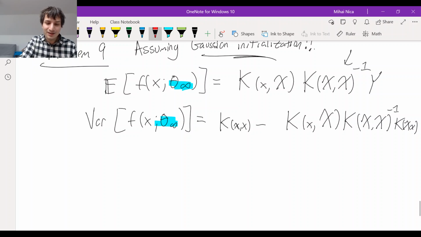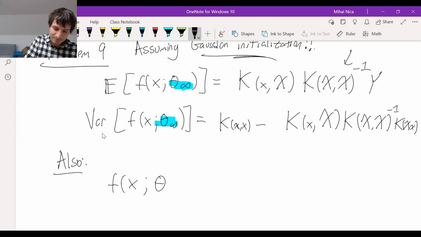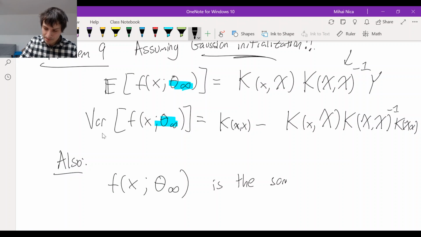In Theorem 9, these formulas are both true, but not only that, because of these two formulas, you can interpret f in a certain way. So f of x at time infinity, theta infinity, has the following interpretation: it's the same distribution as f of x, theta 0.